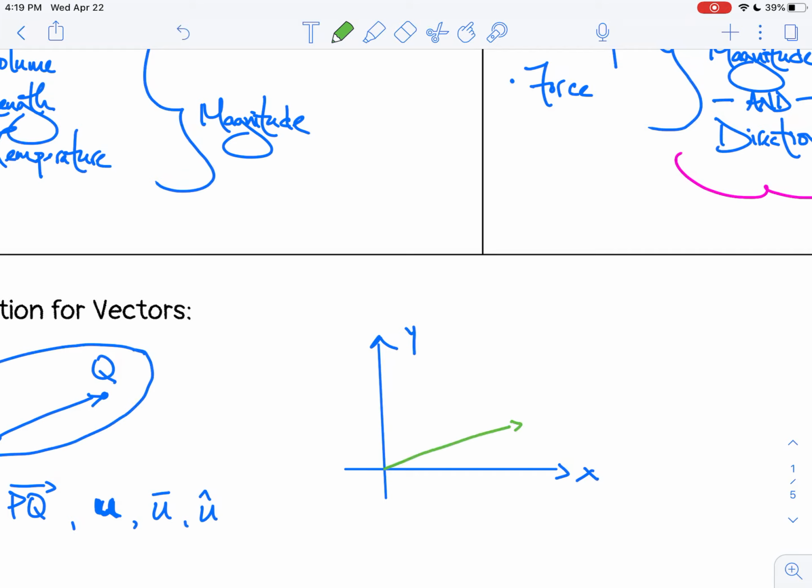If I draw this vector PQ, so here's P, here's Q, then whatever the coordinates of this point are, we can call them A1, A2. And A1 is an X value, and A2 is a Y value.